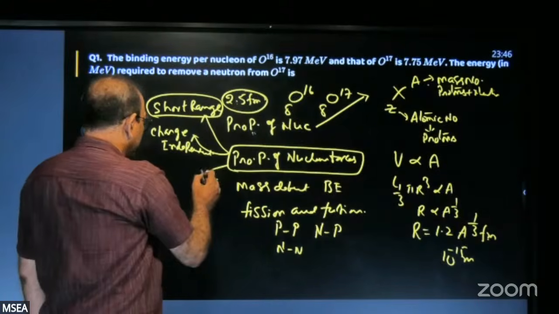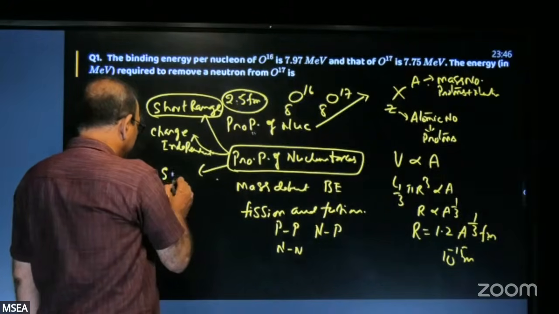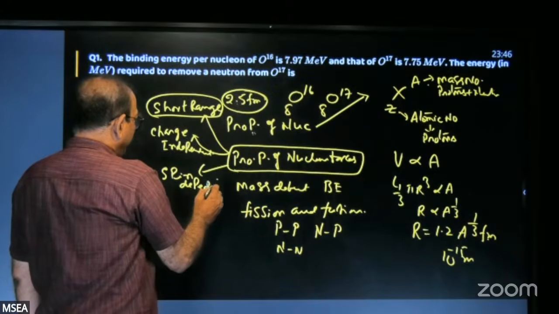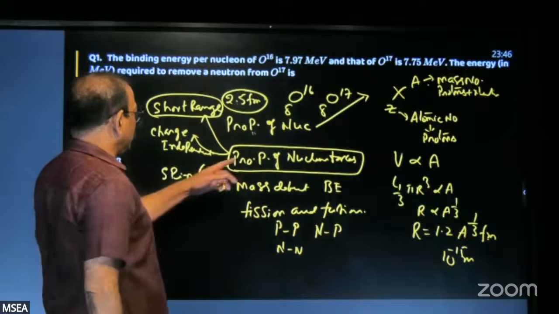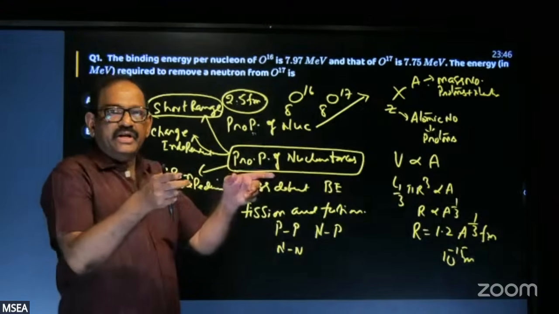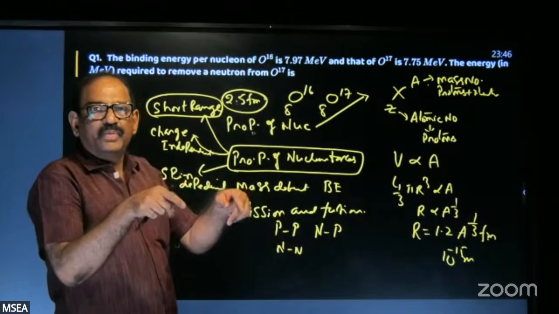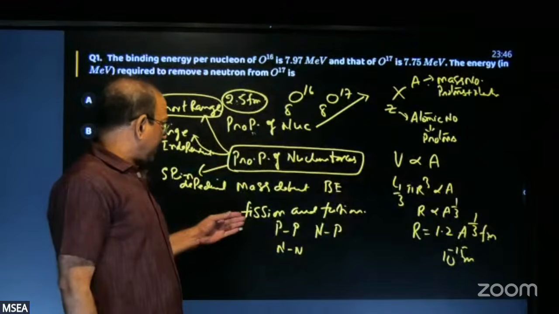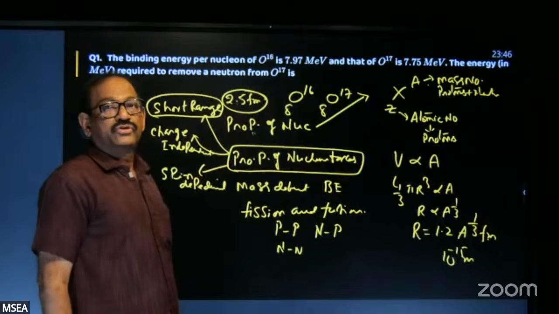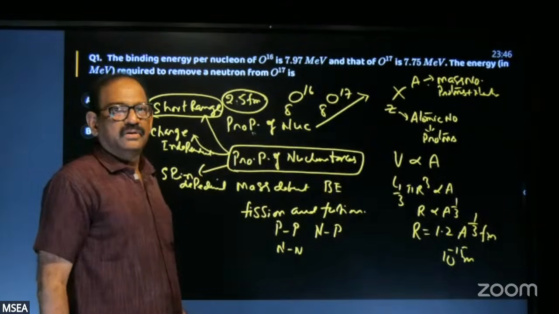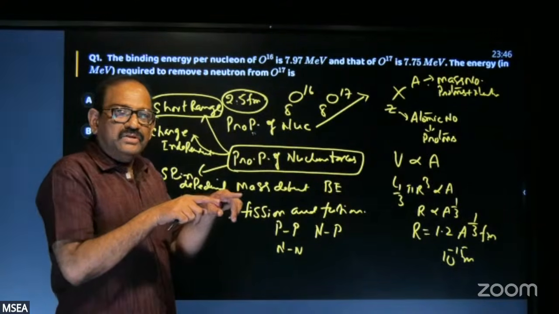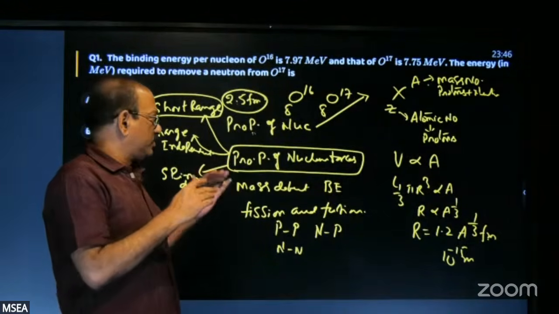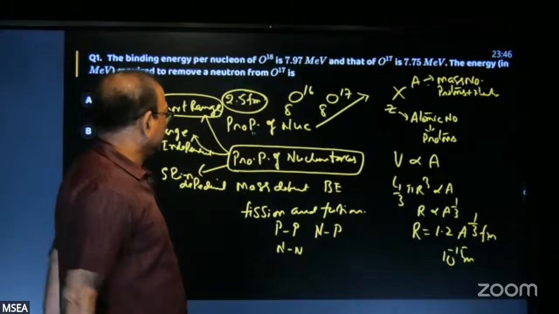And these nuclear attractive forces depend on spin. Spin dependent: the forces between nucleons having parallel spin, means spinning in the same direction, attraction is more, interaction is strong between them. Between two nucleons having anti-parallel spin, this nuclear attraction is weak, less.